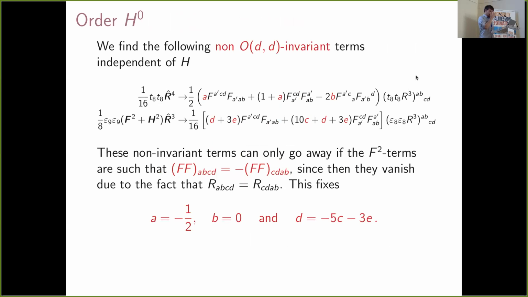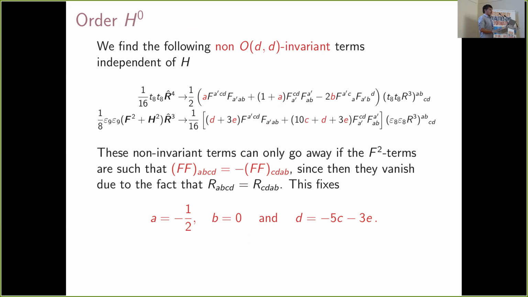So at 0th order, so the terms that don't involve the B field at all, and which don't respect the O(D,D) invariance. And what I really mean every time I say O(D,D) invariance in this language is the double Lorentz invariance, because we traded the O(D,D) invariance for the double Lorentz invariance.